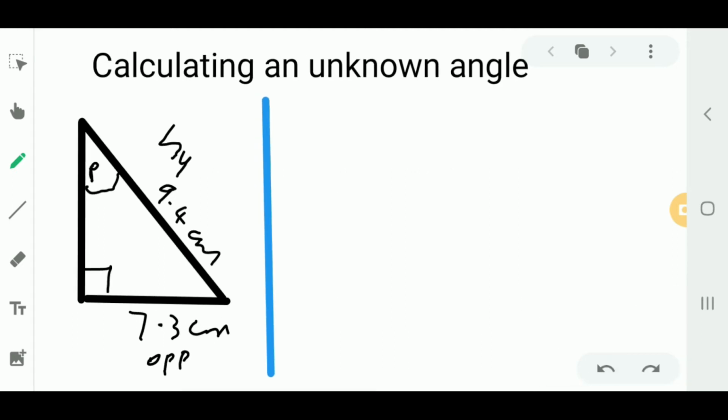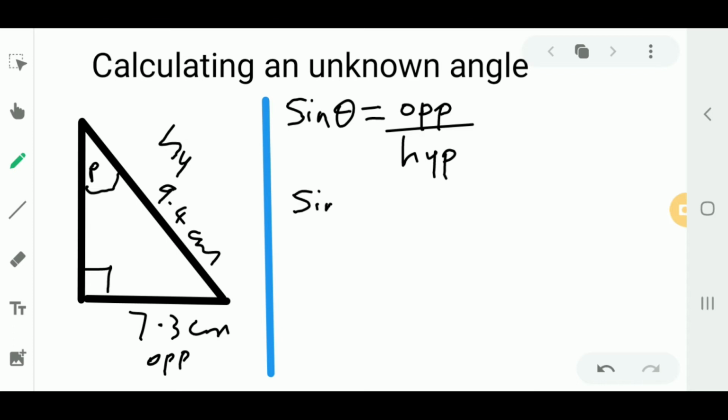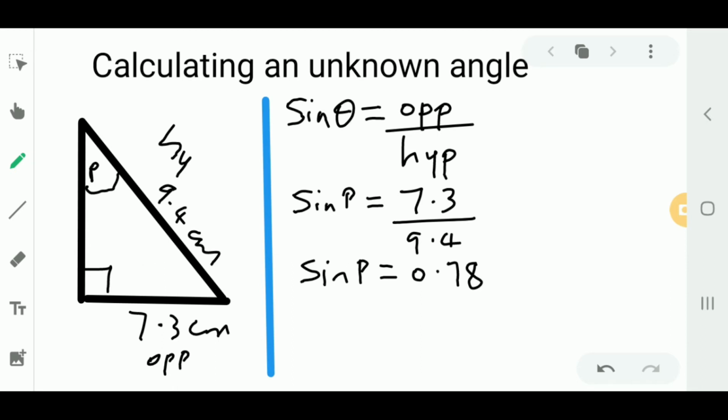Again, that's sine. So sine the angle is equal to opposite over hypotenuse. We don't know what the angle is, but we know we're finding P, and that is equal to the opposite, which is 7.3, over 9.4. Now 7.3 divided by 9.4 gives you 0.78 when you round.